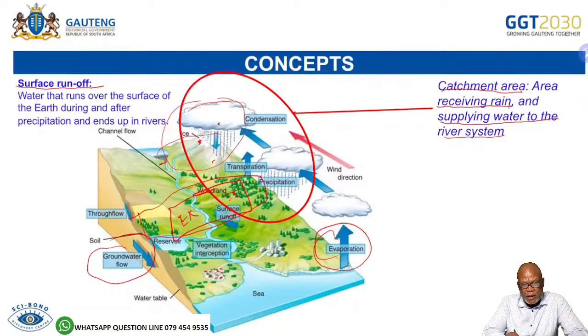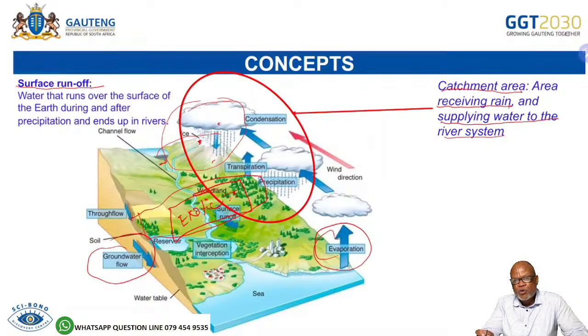At this point, if this area over here is a desert or a semi-desert or semi-arid area, the river is going to change its characteristics. It's now going to be called an exotic river as it passes this point.